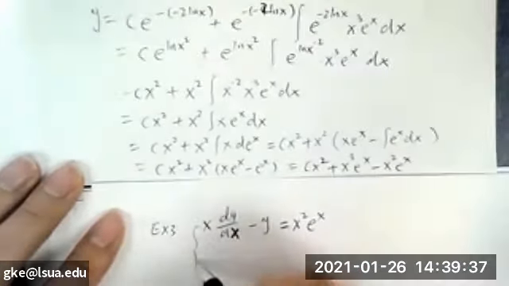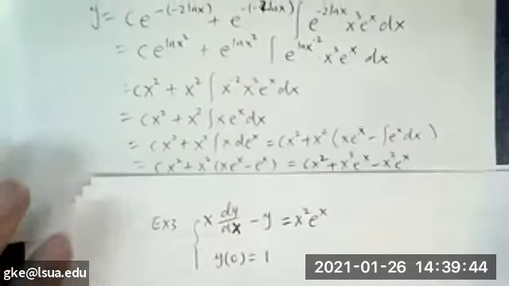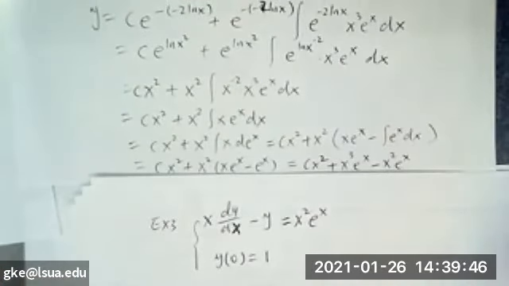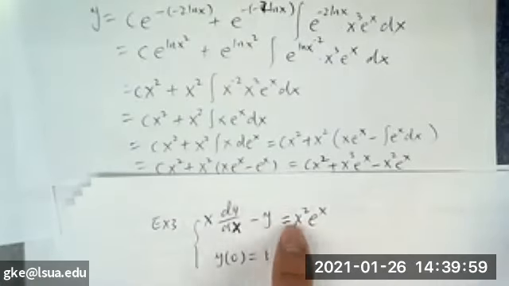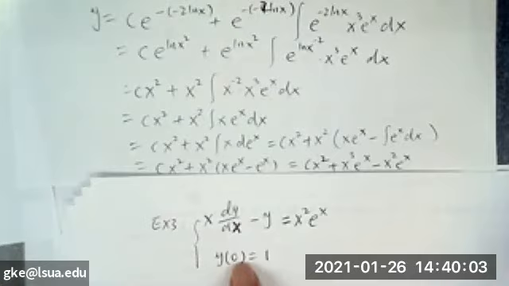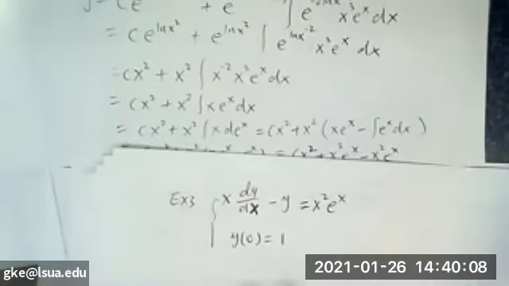Now I want to give you the initial condition, that is one. So solve these IVP problems for me. You're gonna follow the steps. You're gonna get the solution for this guy, right? And then plug in this initial condition to get the value of C, right? So try it by yourself.